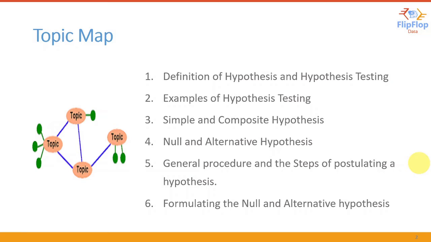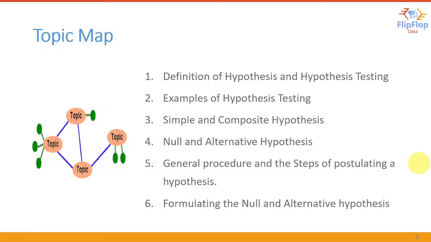Then third will be types of hypothesis, that is simple and composite hypothesis, then null and alternative hypothesis. Then I will brief you on the procedure and the steps of postulating a hypothesis, that is framing of hypothesis. Then the last part of this video will be formulating the null and alternative hypothesis.